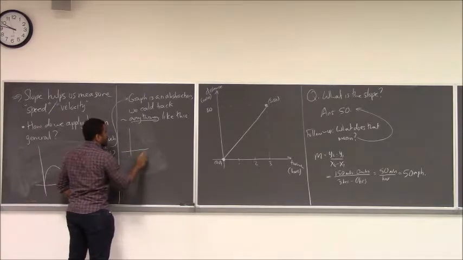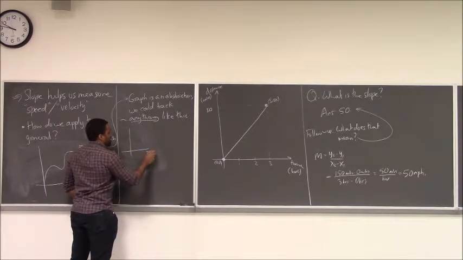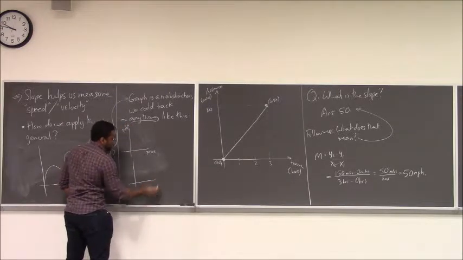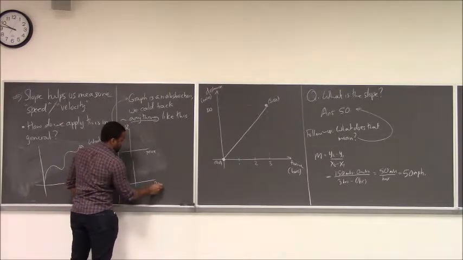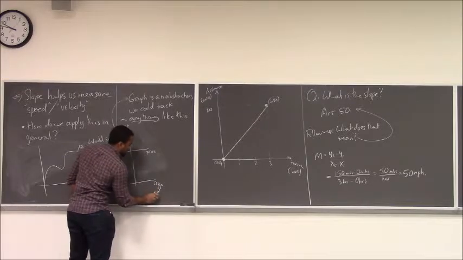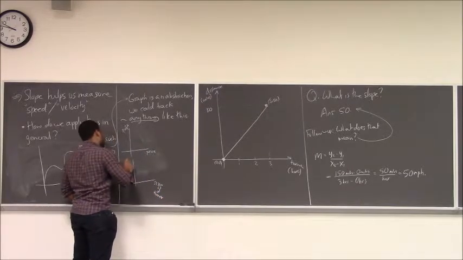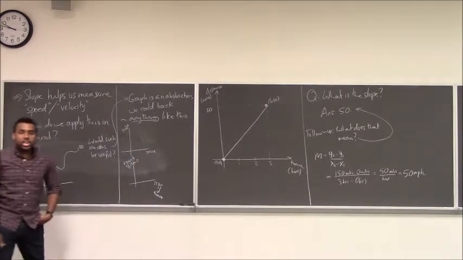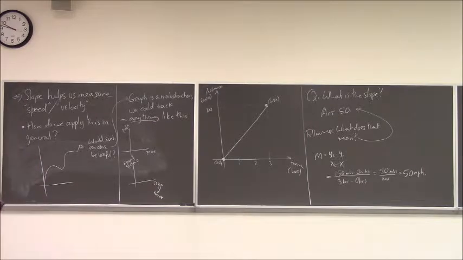It could have been price versus profit. It could be size of tumor versus amount of chemo, for a little more morbid example. But you get the idea. Relabeling these axes changes the interpretation of what we're measuring, but the idea still holds true.